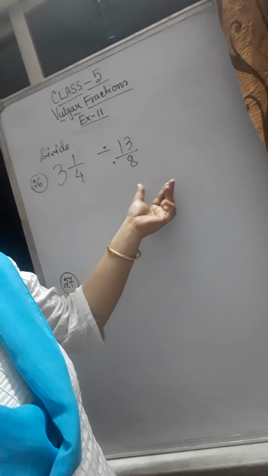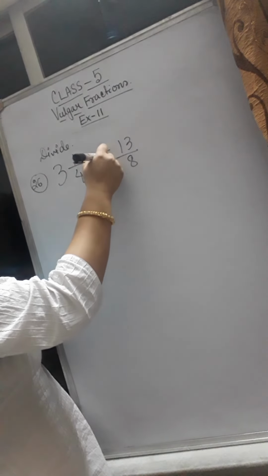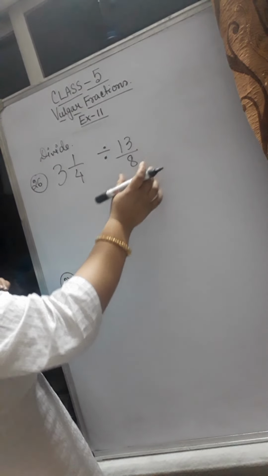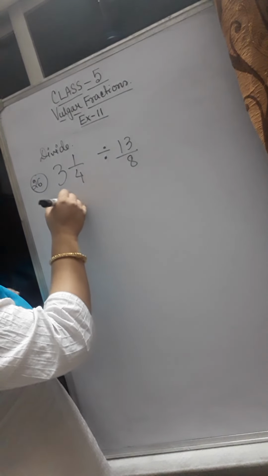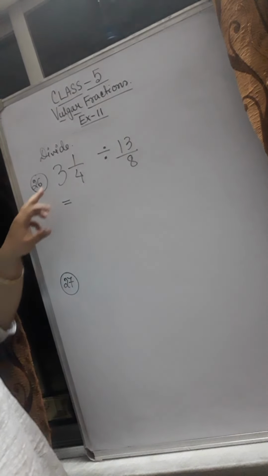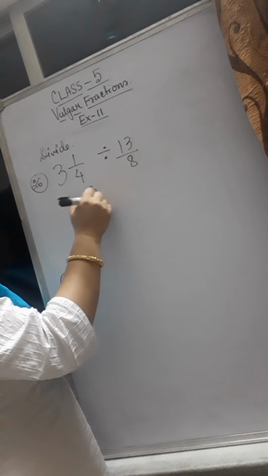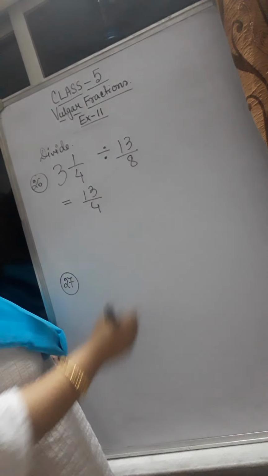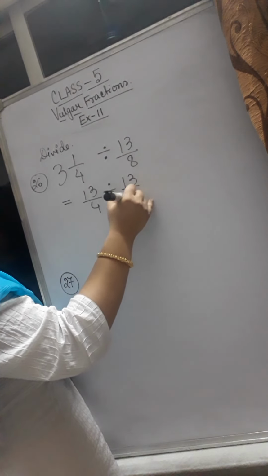Two fractions are given. One is a mixed fraction and the other is given as an improper fraction. So first we will convert this and write it as an improper fraction. 3 4s are 12 plus 1, 13 by 4 divided by 13 by 8.